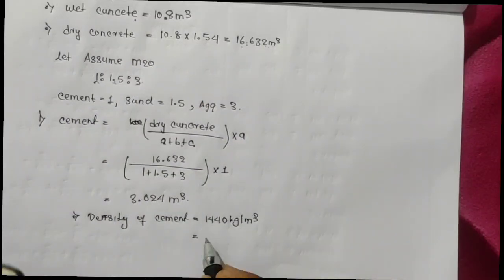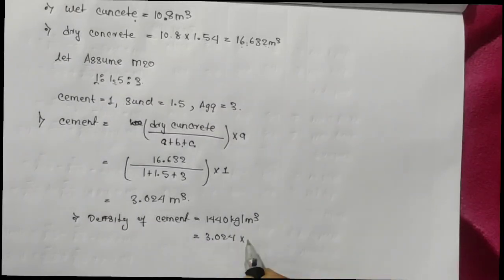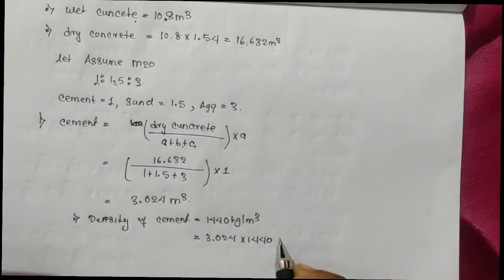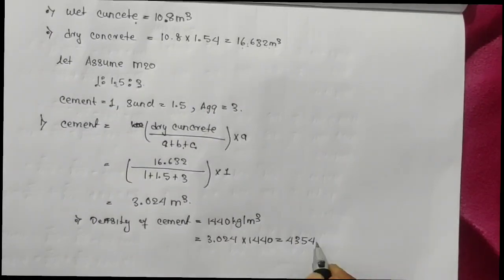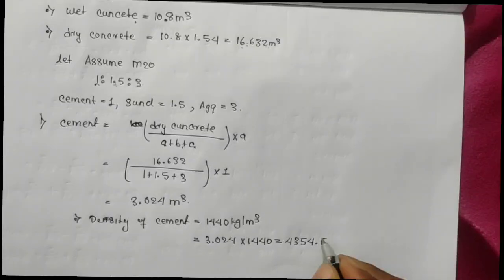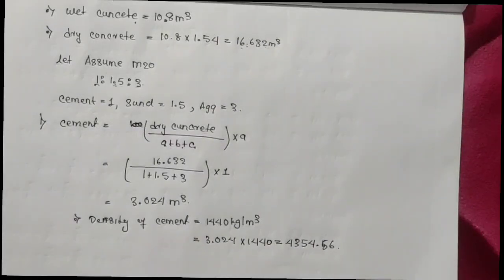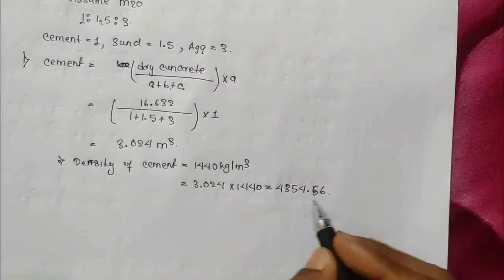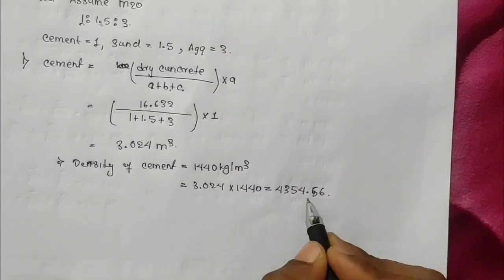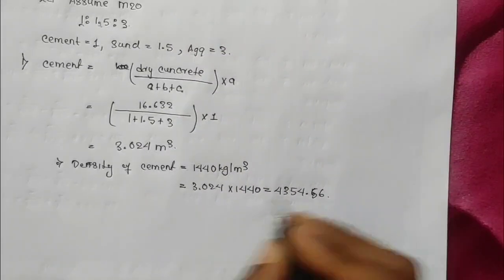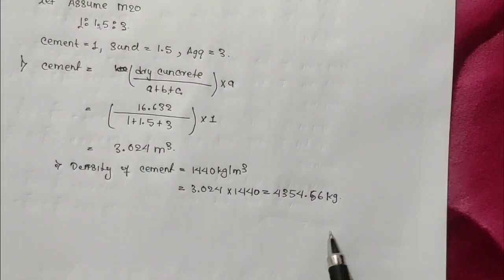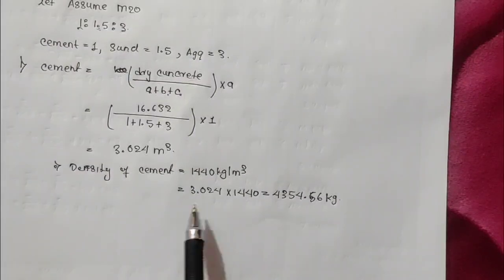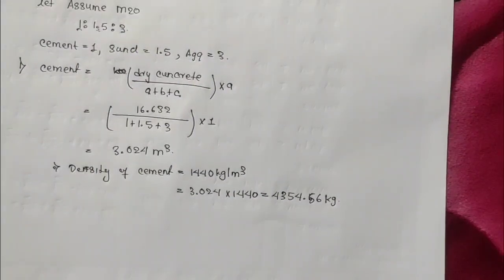So 3.024 into 1440 is equal to 4354.56, and we have this value in kg. As we know, cement comes in bags, and 1 bag of cement is equal to 50 kg.